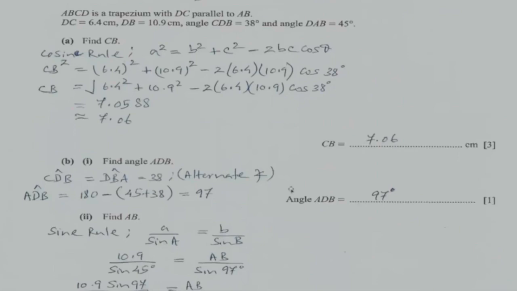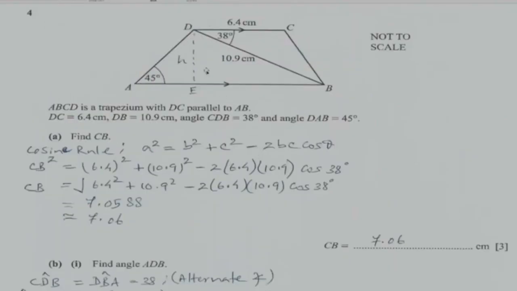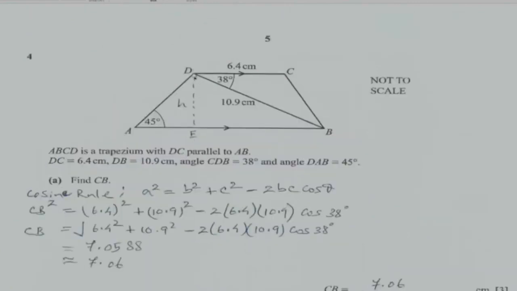Calculate the area of the trapezium. We know the area of a trapezium equals half into the sum of the two parallel lines into the perpendicular height. First of all, we have to calculate the perpendicular height of this. We know this angle is 38.